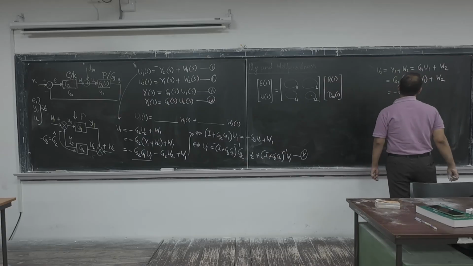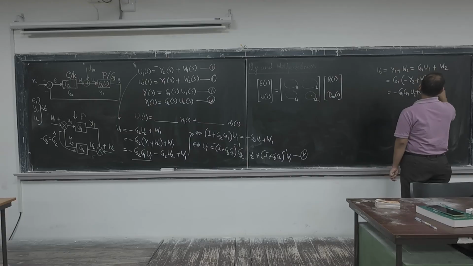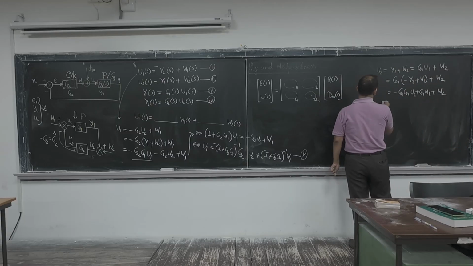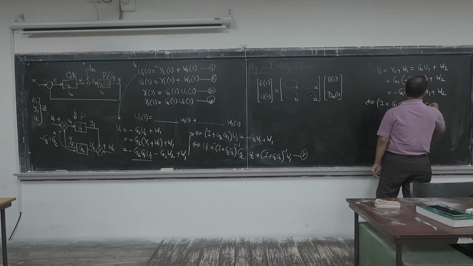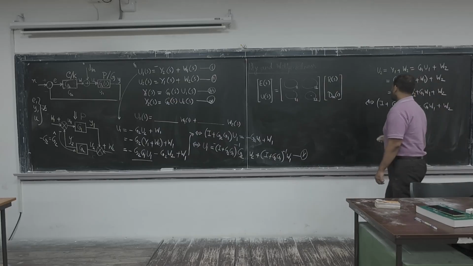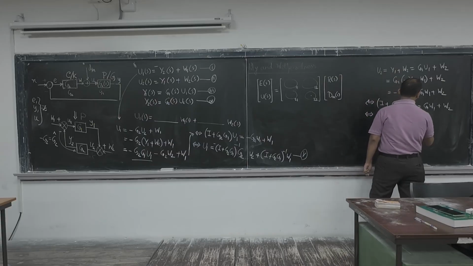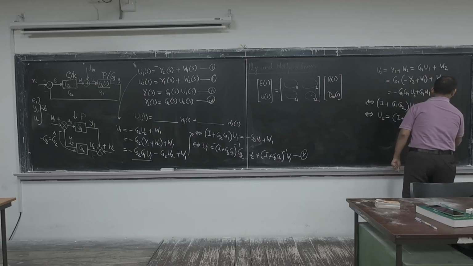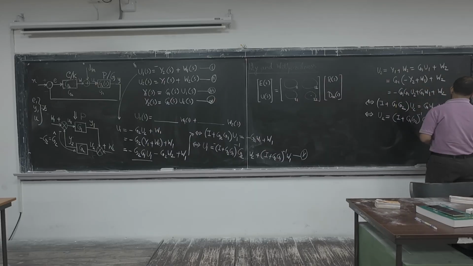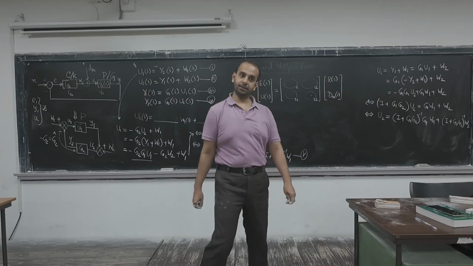So it's minus G1 and Y2 means G2 U2. Isn't it?